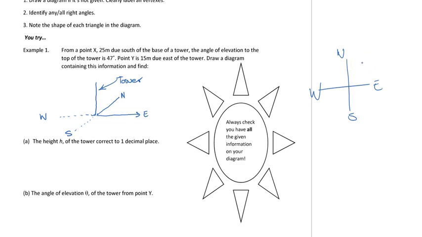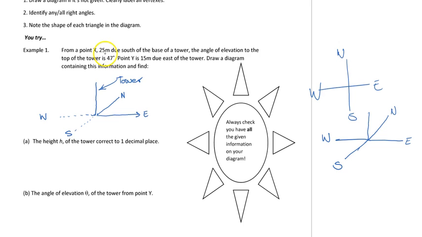But if you just turn it slightly, so we go north, south, east and west, and then we can have the tower coming up as our third dimension. So just twist it slightly.